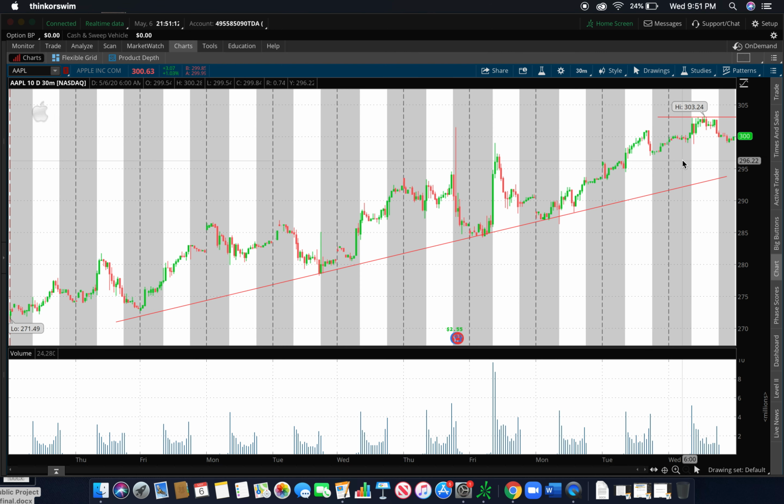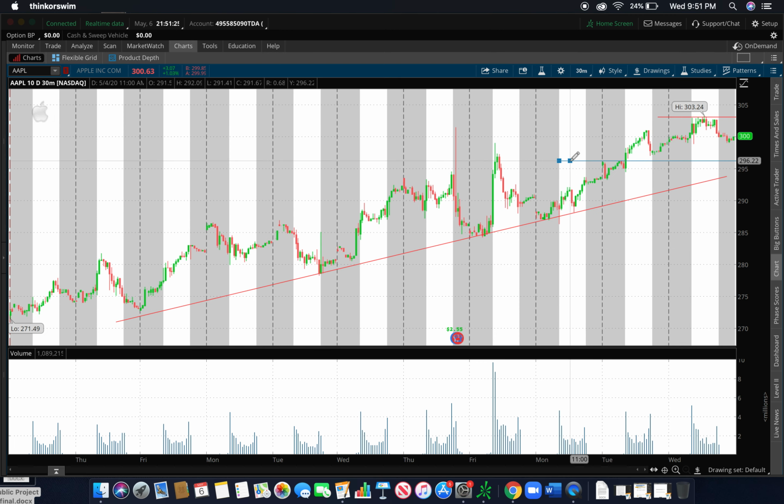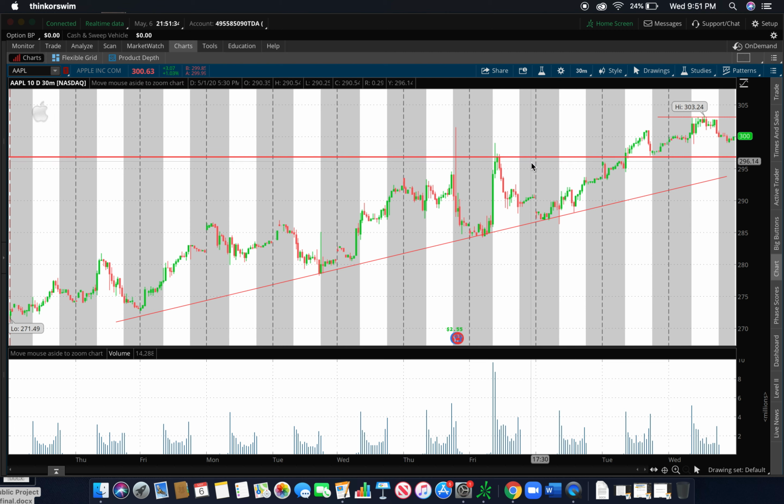Well, the first support that I think Apple is going to test, especially because it's already downtrending, is around the 297, 298 area. I'm going to go ahead and add another line right here, around this area, and if we also extend this line all the way to the left, you can see that this line is consistent with what I'm saying.